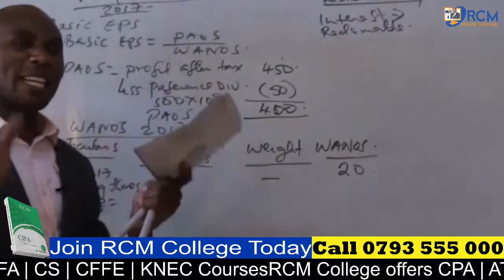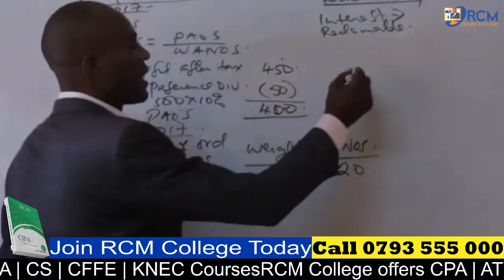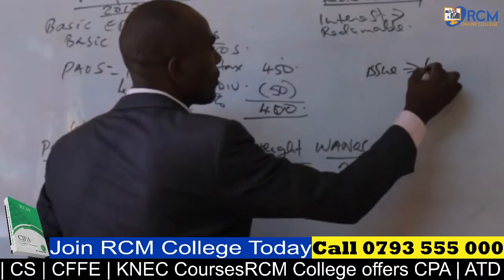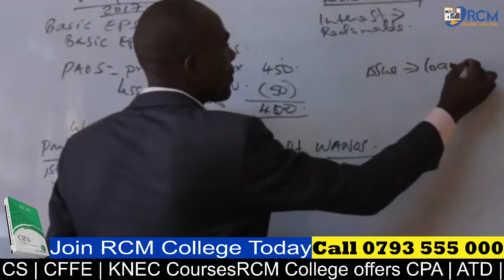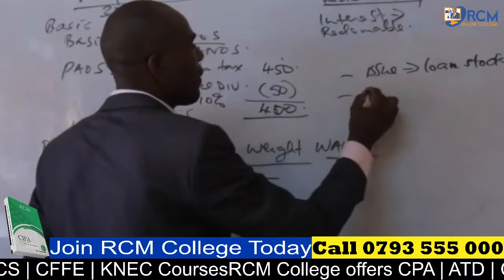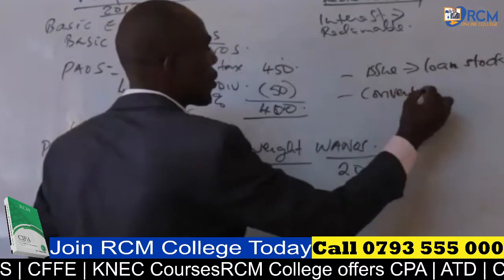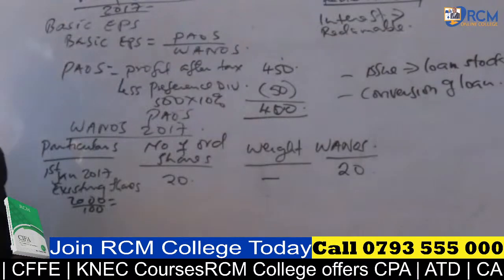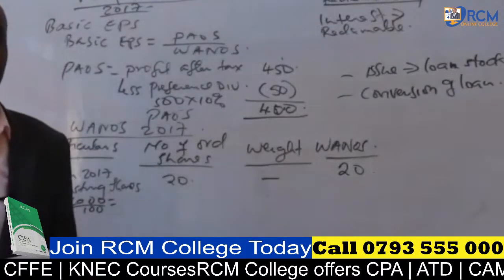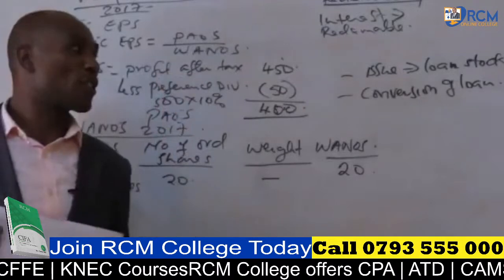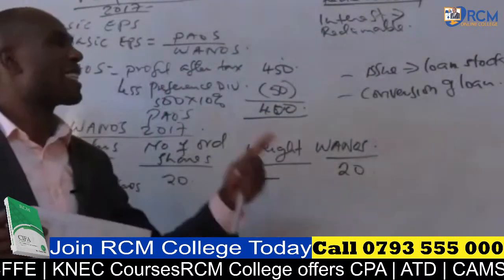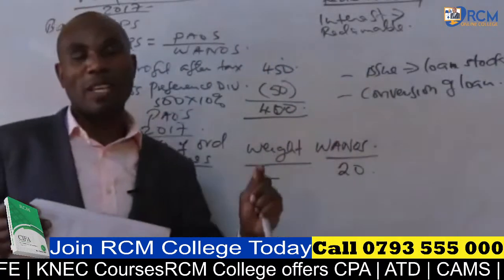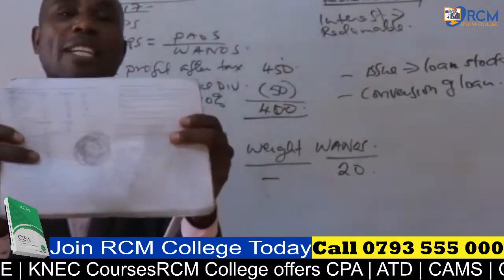And kindly listen to this, it is very important. We have the difference between the issue of loan stock and conversion of loan stock. I'm explaining this because 3 or 4 students have inboxed me to ask what is the difference. Issue means we are releasing our debenture to the market.